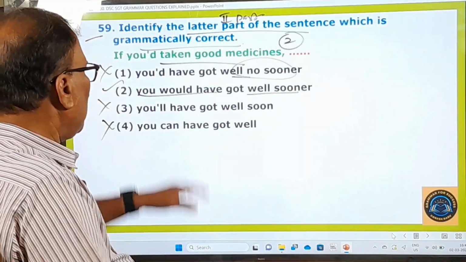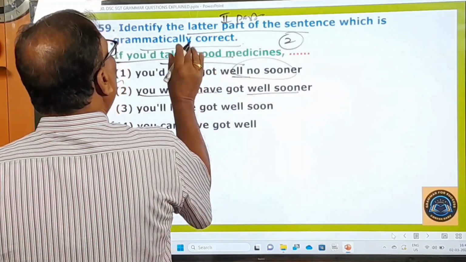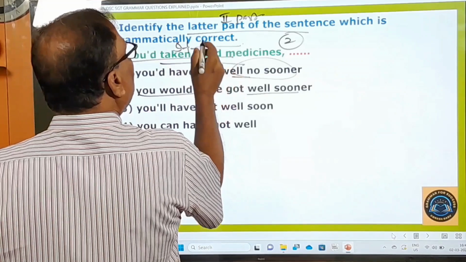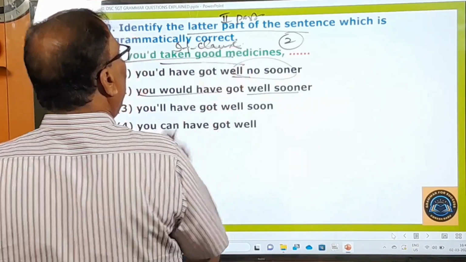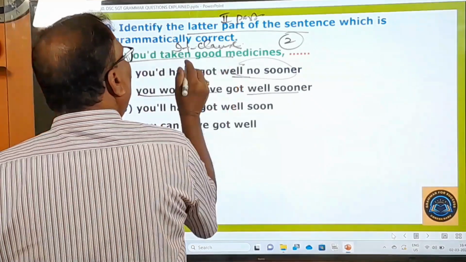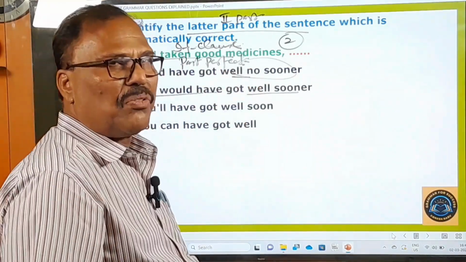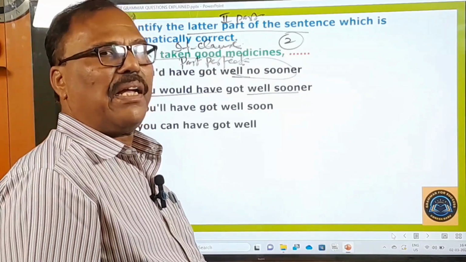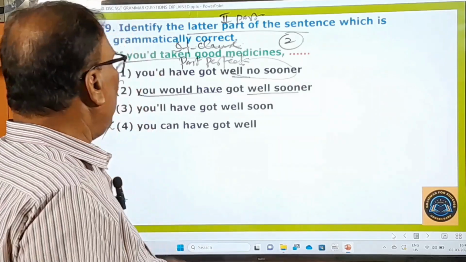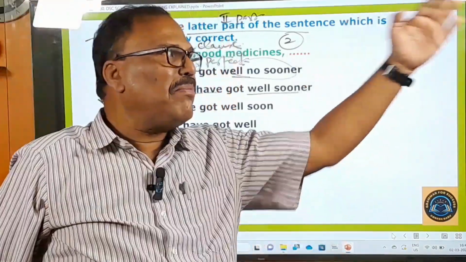Why is this correct and why are the others not? Look at the first part of the sentence. It is the if clause part; it is an if clause sentence. "If you had taken good medicine": when there is past perfect tense in the if clause part, as I made clear in the previous video also, I don't want to tell you all about conditional sentences again and again.